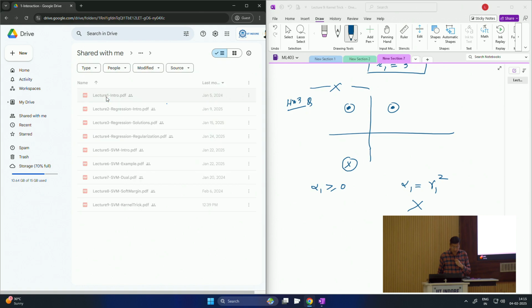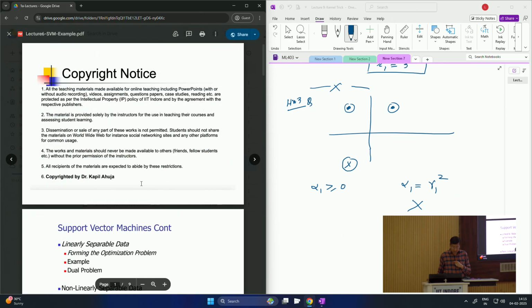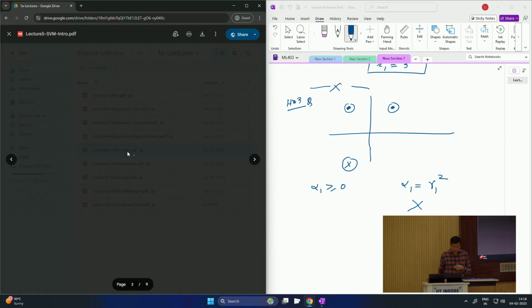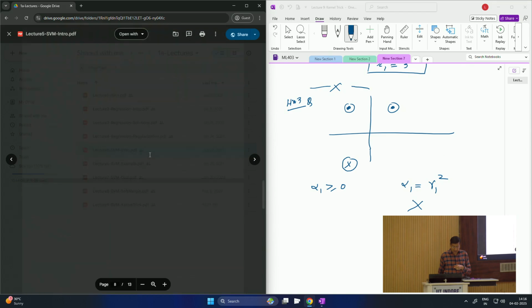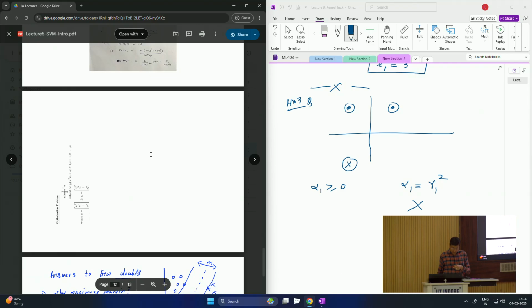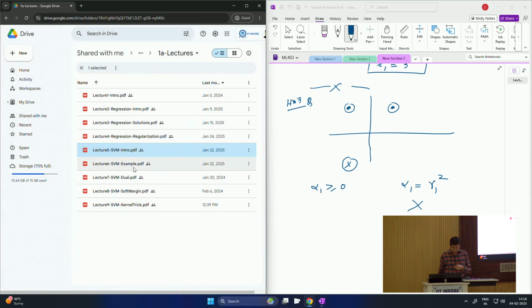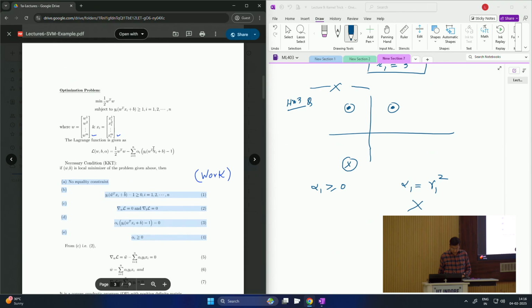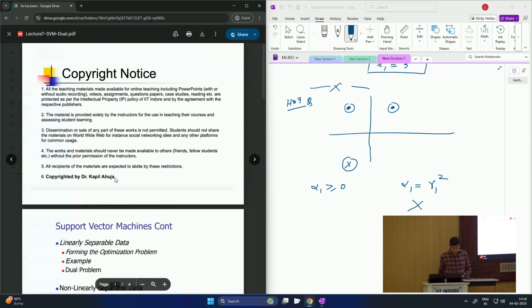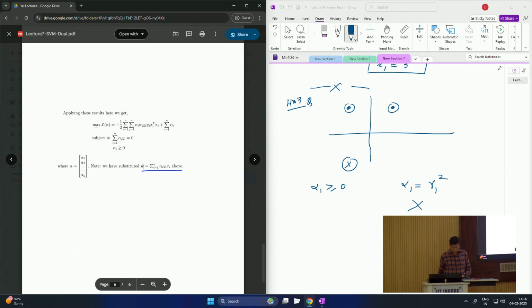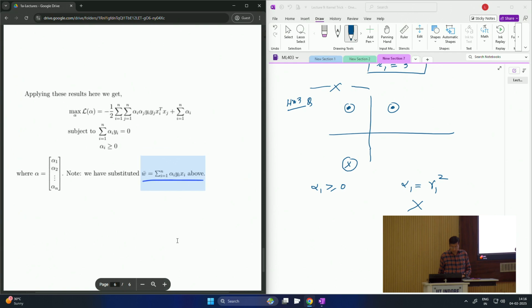When we were doing the lectures and we wrote the example, sorry, in the introduction itself, in the formulation, at the very last slide, it was in the dual problem. This is where we had written, because we had substituted this, right?